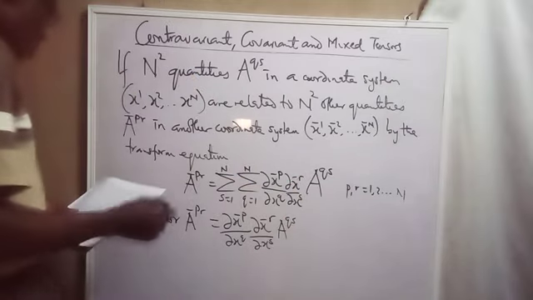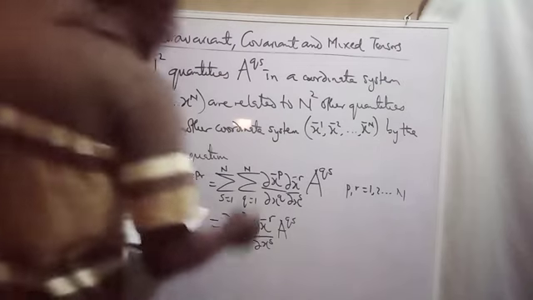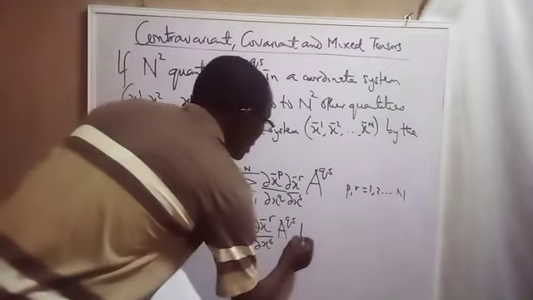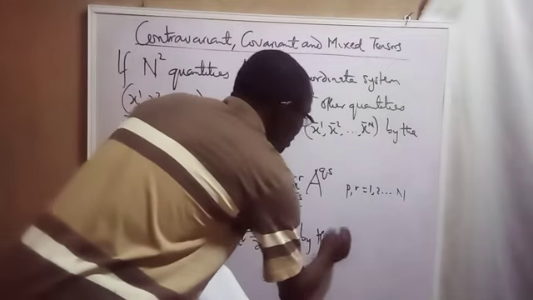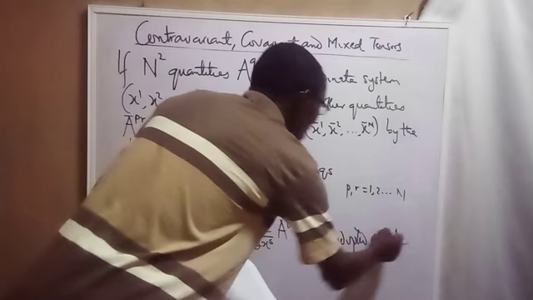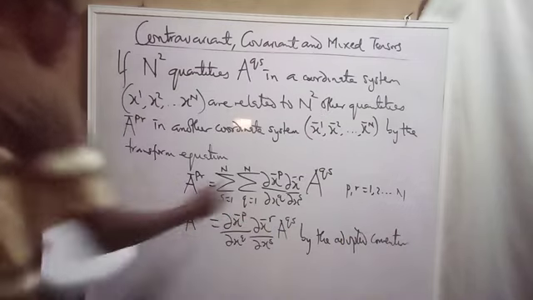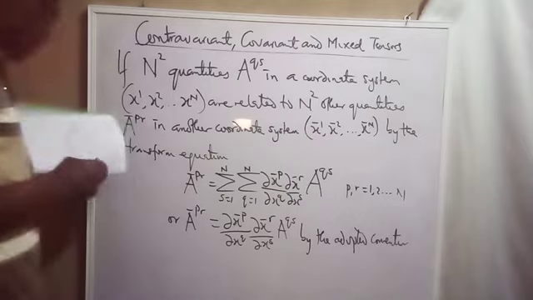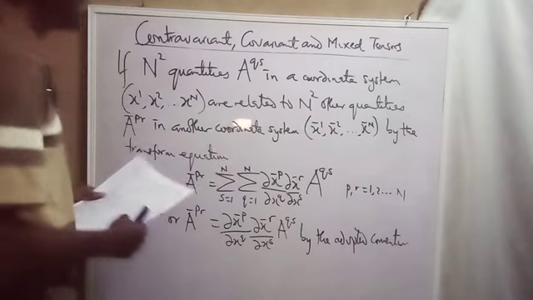That is the convention we adopted, so we can write this instead of this. What do we call these? These are called contravariant tensors.